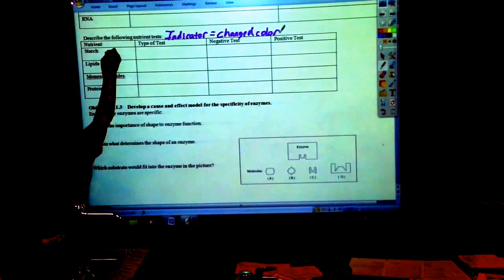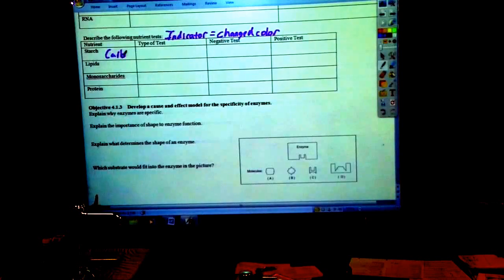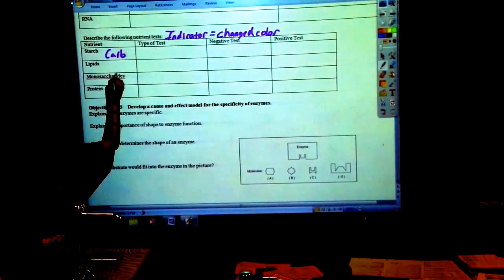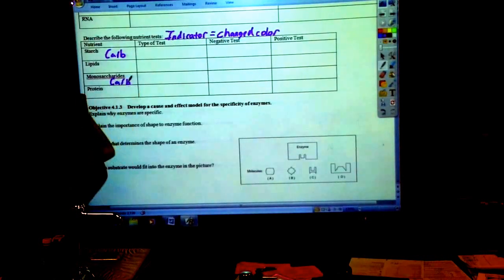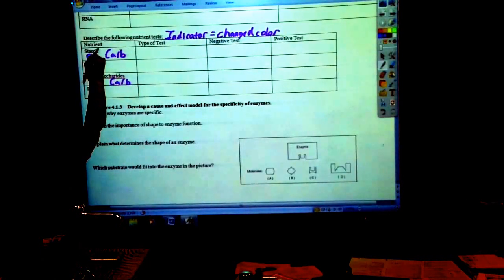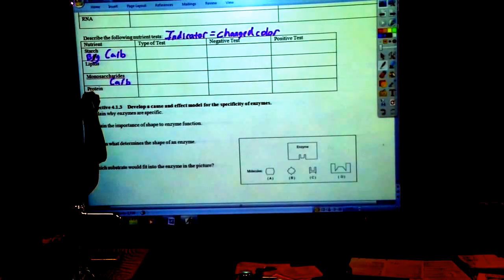So starting off with starch, which macromolecule was starch? It's actually a type of carb. And there's actually two carbohydrates in this list, our starch and our monosaccharides. Starch is a big carbohydrate, or also known as a polysaccharide. And then you have your smaller carbohydrate, your monosaccharide.